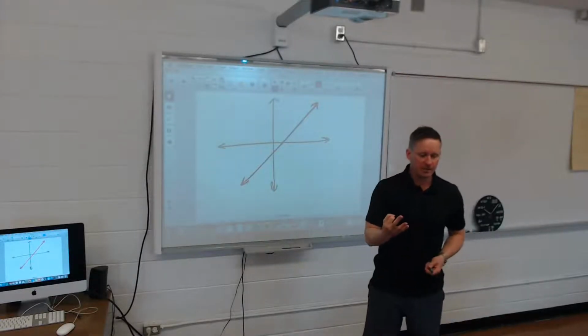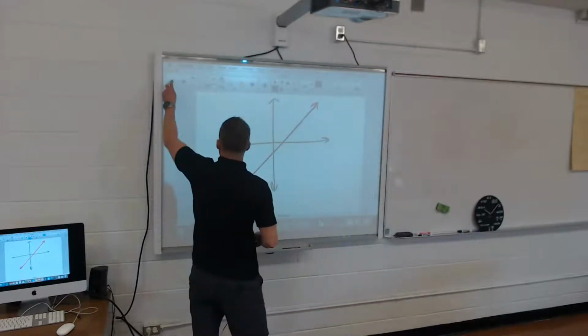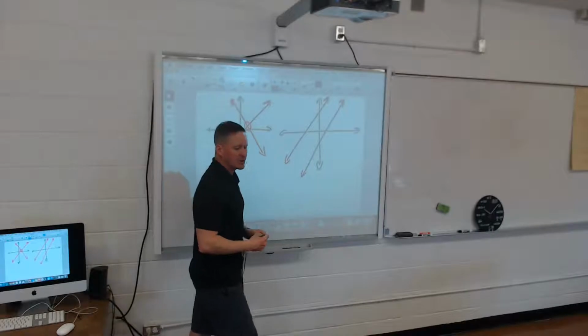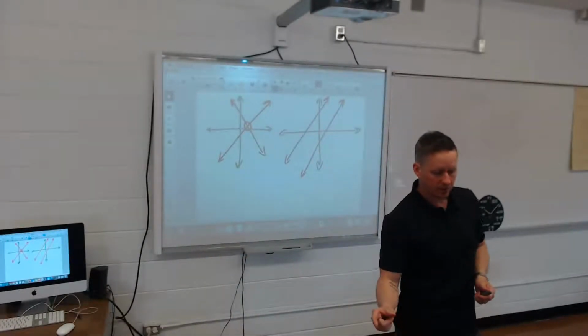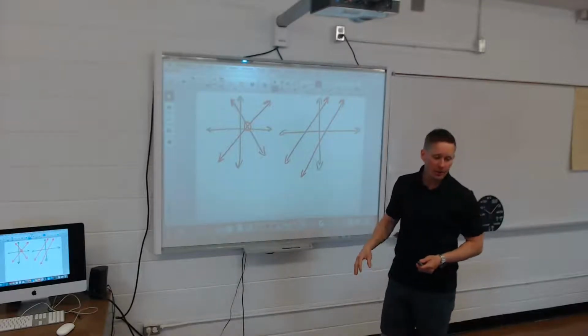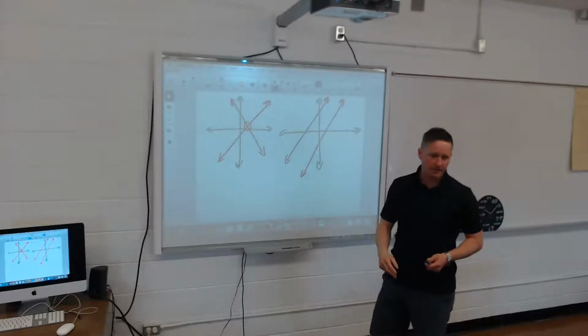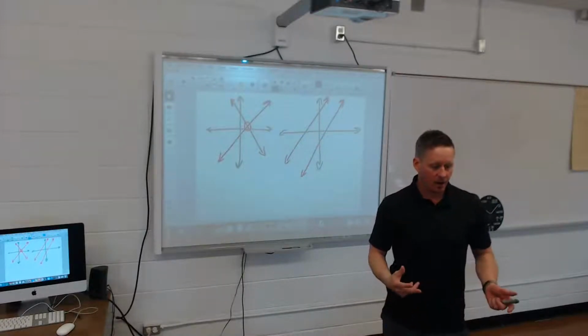So there are three scenarios that can happen. The first scenario is where you have one solution, so only one coordinate is shared between the two. The second scenario is if you have no coordinates shared: parallel lines, where neither has the same coordinate on them.